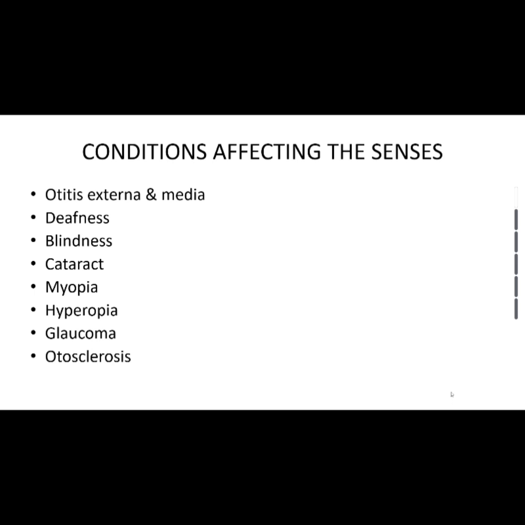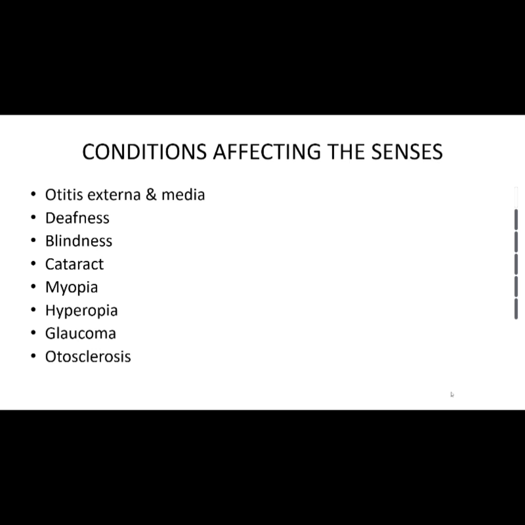Then hyperopia is long-sightedness. In this case, the light comes together behind the retina. So you need lenses that refract light better, that is, you use convex lenses, so that you're able to bring the light right at the retina so that you're able to see. So that is called hyperopia, long-sightedness, long sight.